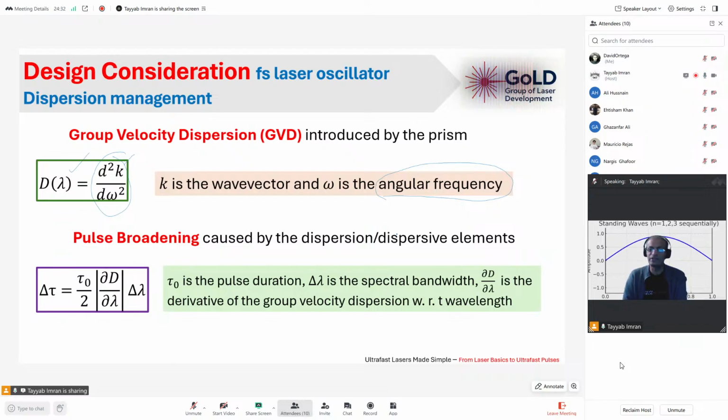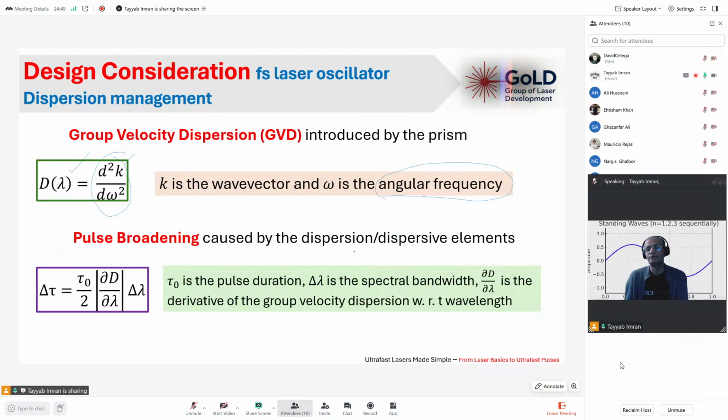Okay, and this equation is standard for this one. Pulse broadening. Why is the pulse broadened? This pulse is broadened because of the dispersion, and this dispersion happens because of the dispersive elements.